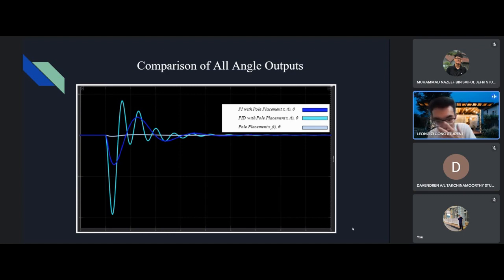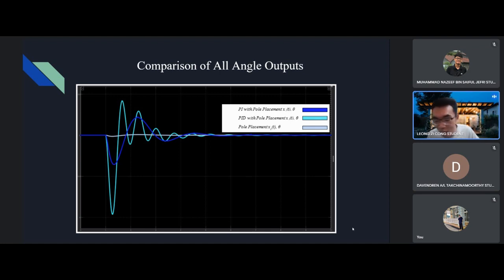Come to this slide, we can see that this comparison is about their angle. Whether it is pole placement, PID with pole placement, or PI with pole placement, all three of them can achieve the same target, which is to stabilize the system. But we can still see that the PID has better performance compared with the PI, because it fulfills our scenario.